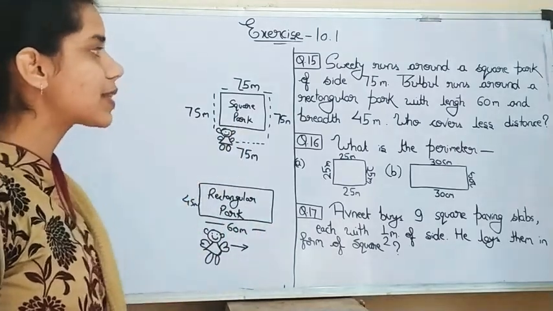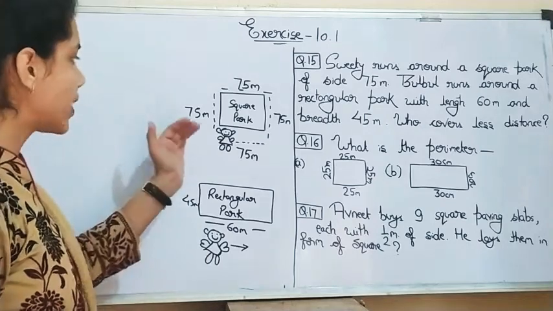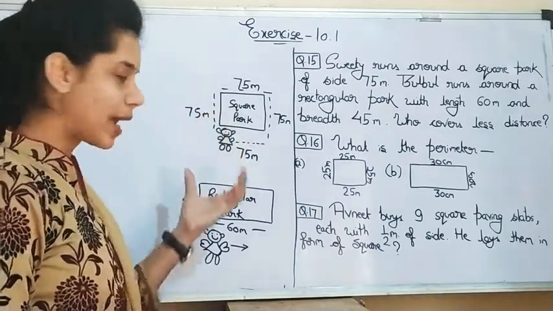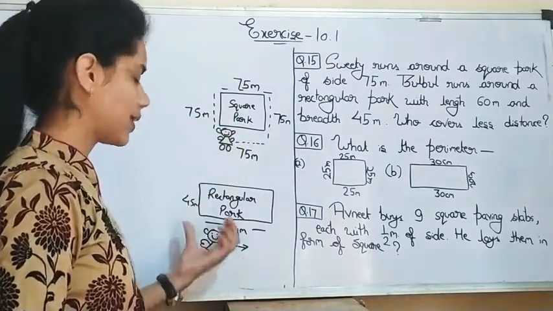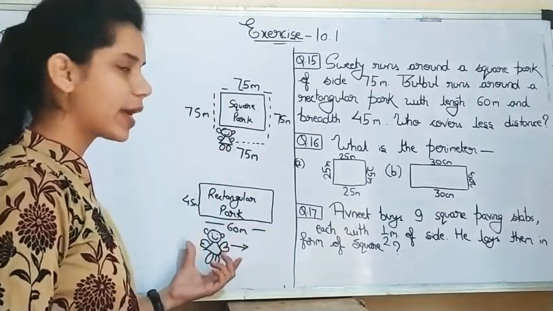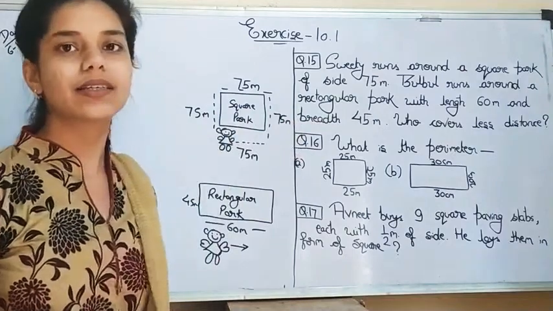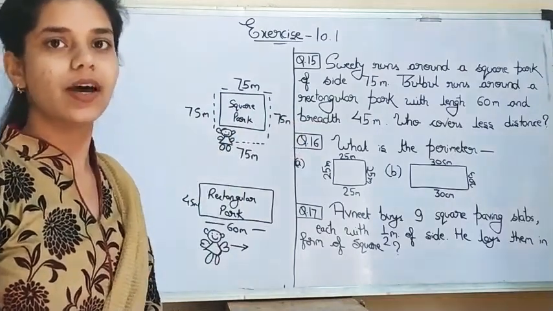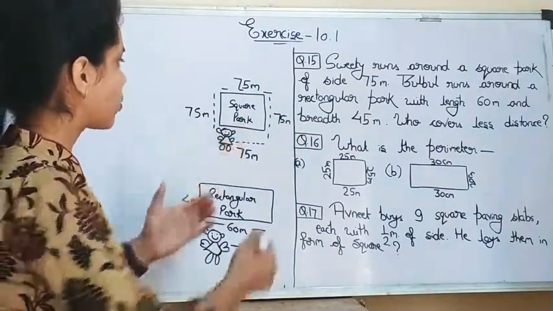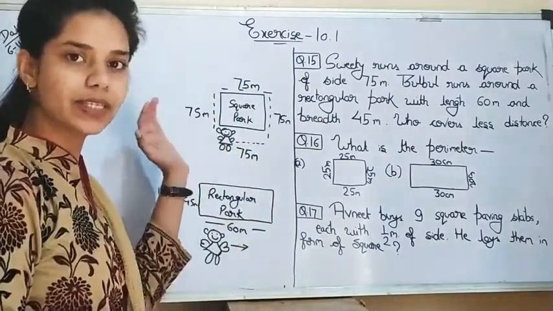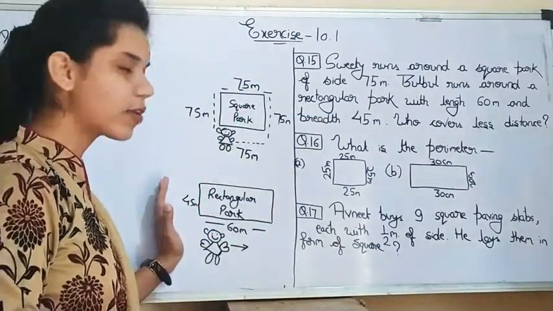Now, who covers less distance? Sweetie runs in this square park and Bulbul runs in this rectangular park. If we want to find out who covers more or less distance, we find the length of the boundary of the square park and the rectangular park.